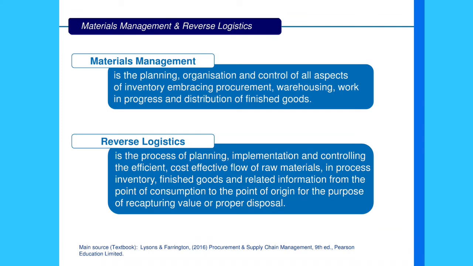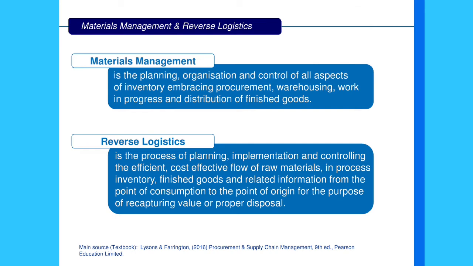So I have already explained to you the term materials management. So here my effort will be to explain to you a concept that is called reverse logistics. When we talk about materials management and physical distribution management, we talk about the forward flow of organizations right from the procurement side to the customer side.